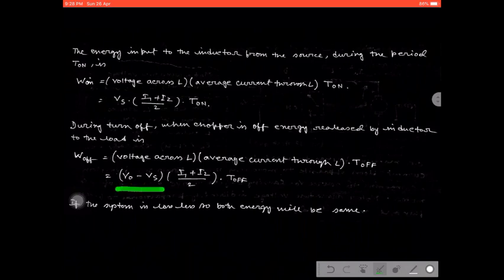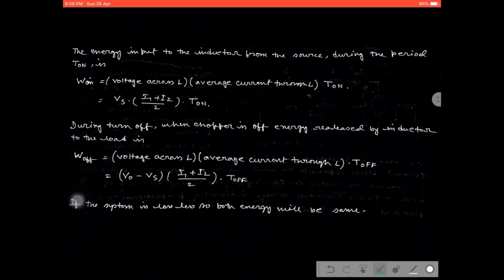The current falls from I2 to I1, with average current (I1 plus I2) by 2 during T off. So this is the energy output during off time.